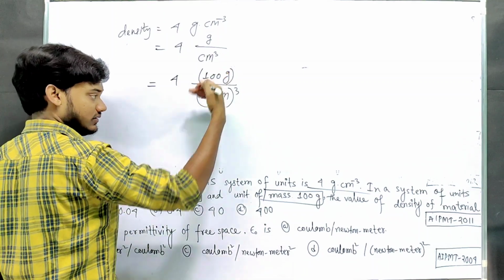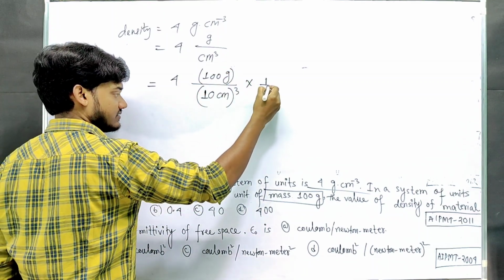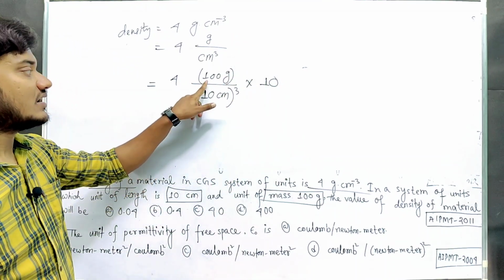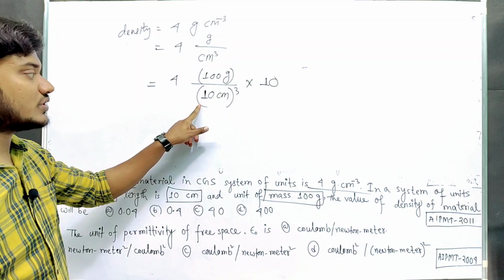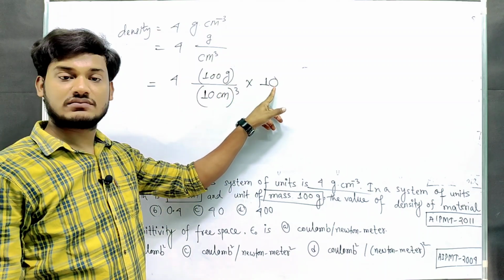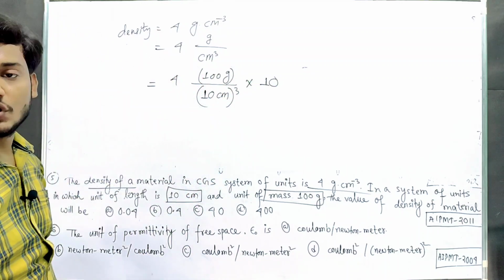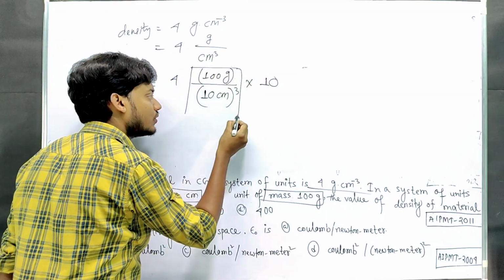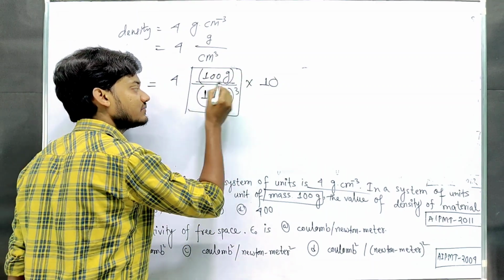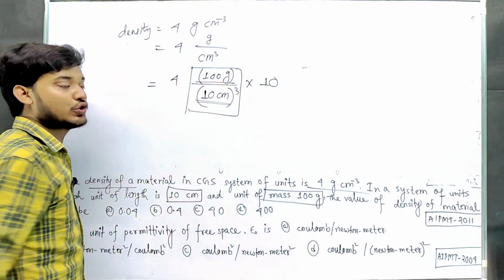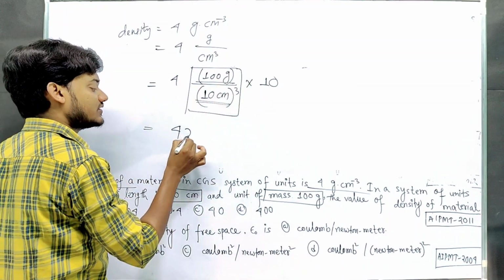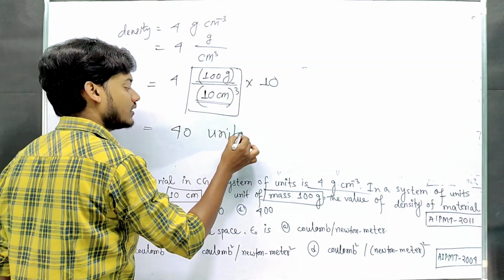We can write it, below there is 10 extra, 100,000. So if you multiply it by 10, same. Okay, the answer we need to find is in units of 100 gram mass and 10 cm length. So this is the unit. So 40 units. Okay.